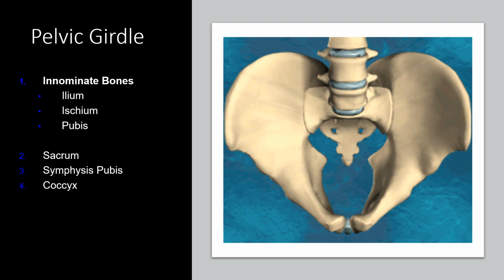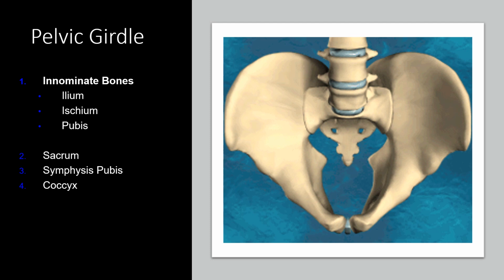So in childbirth, when the baby's head is trying to get through the birth canal, if it's a bit big, the symphysis pubis will allow a little bit of flexibility and a little bit of give there. It'll come apart a little bit to allow the baby's head to go through the birth canal. So that's the symphysis pubis.